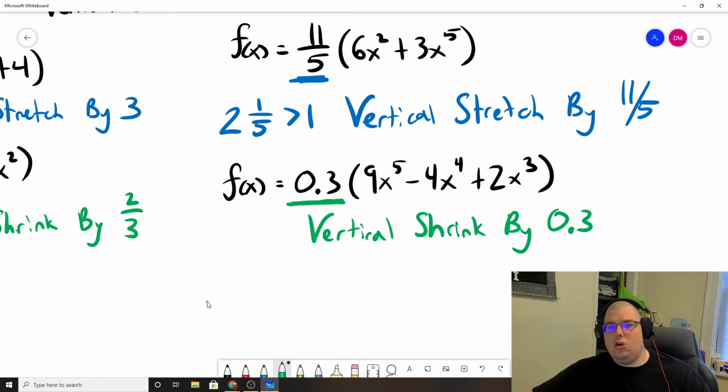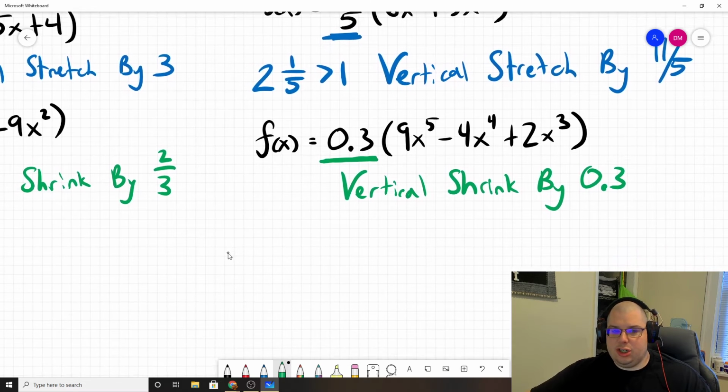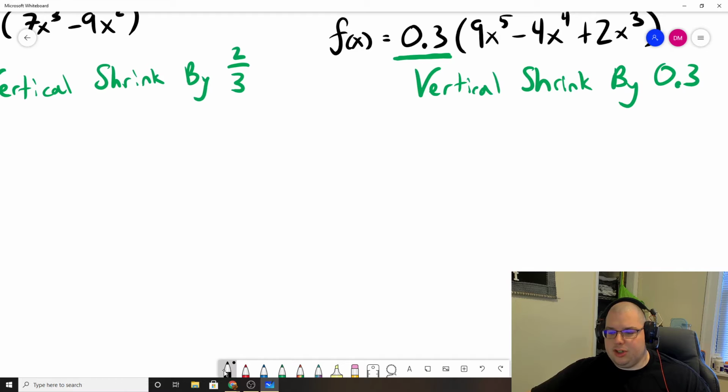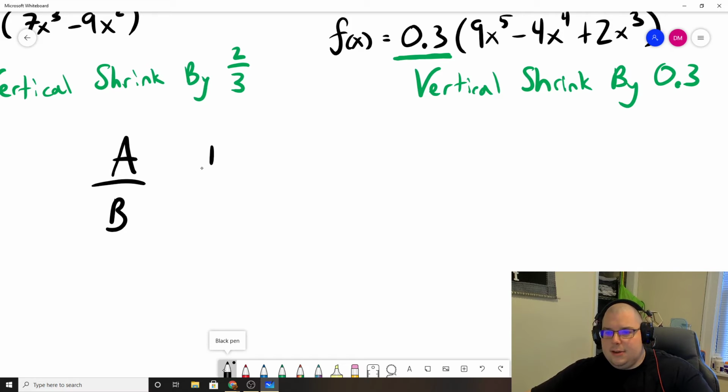and it all boils down to just comparing the numbers of the fractions. So I want to talk about that for just a second. If I've got a fraction a over b, I'm just comparing the sizes of them.